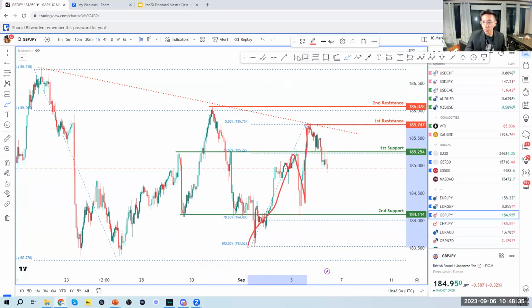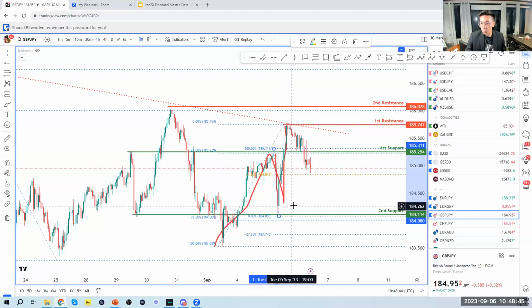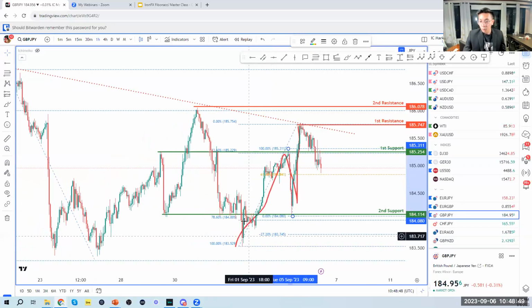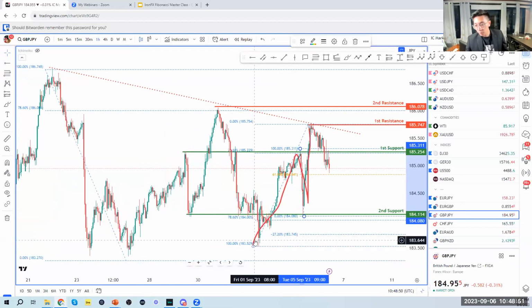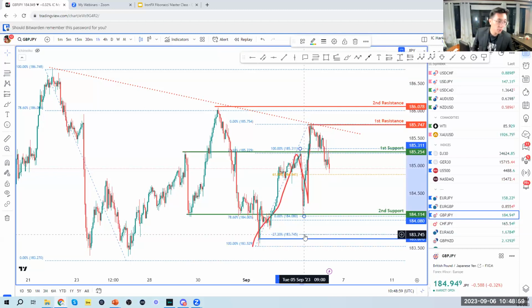Zigzag, right? We will draw from this low. You can see right here that maybe this swing low is the one closest to this negative 27.2 expansion level.